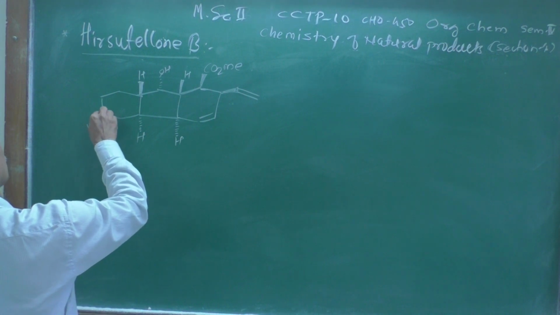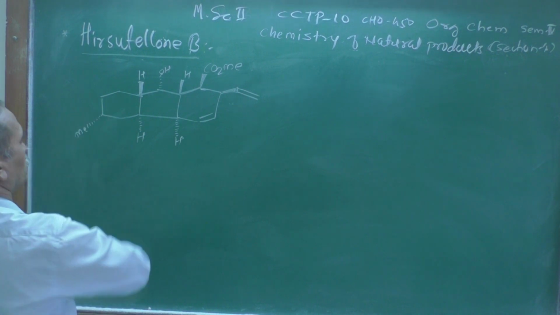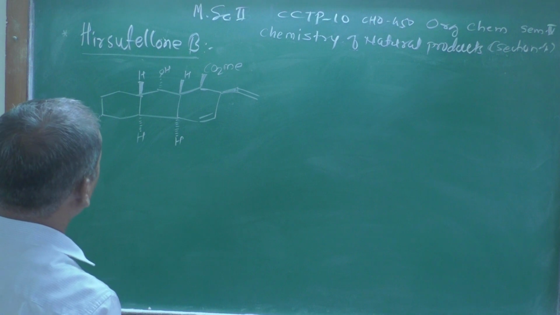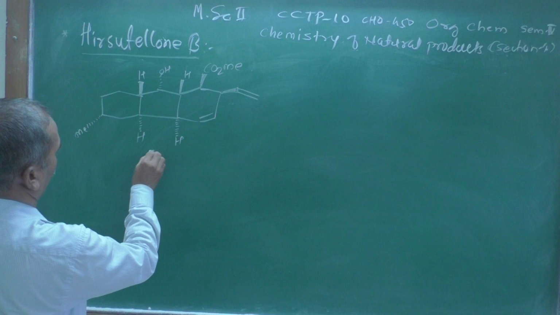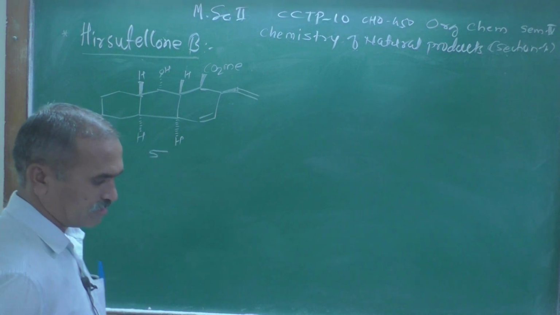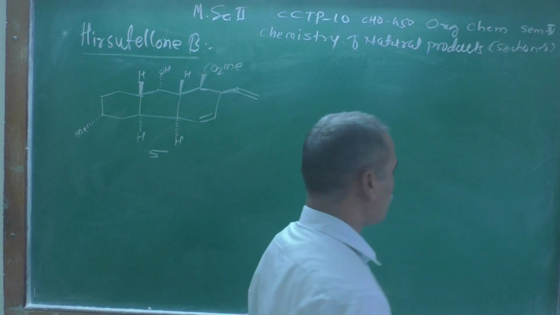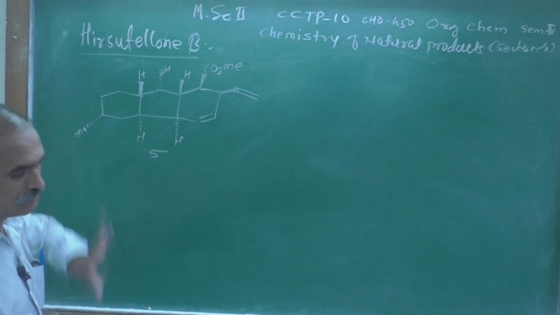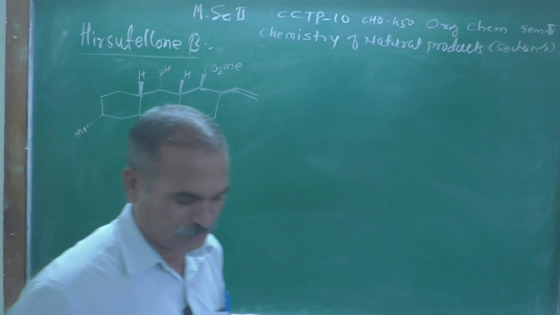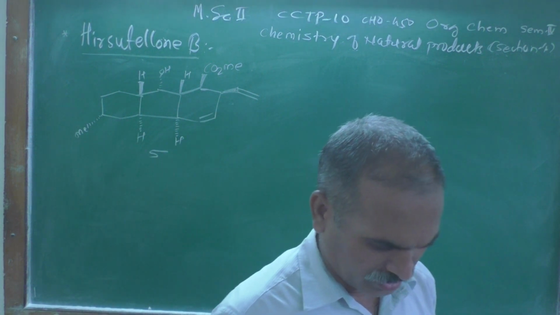Now here the methyl group goes below the plane, and this is called tricyclic core 5, or you can just say structure number 5, which is generally known as tricyclic core 5. It is the essential, the important one.